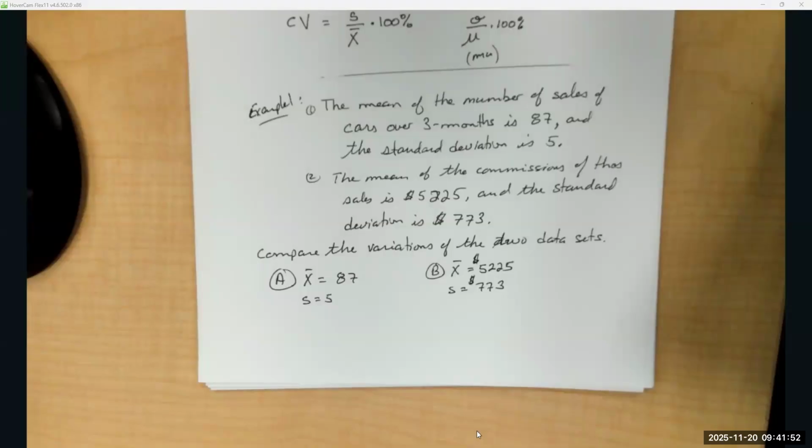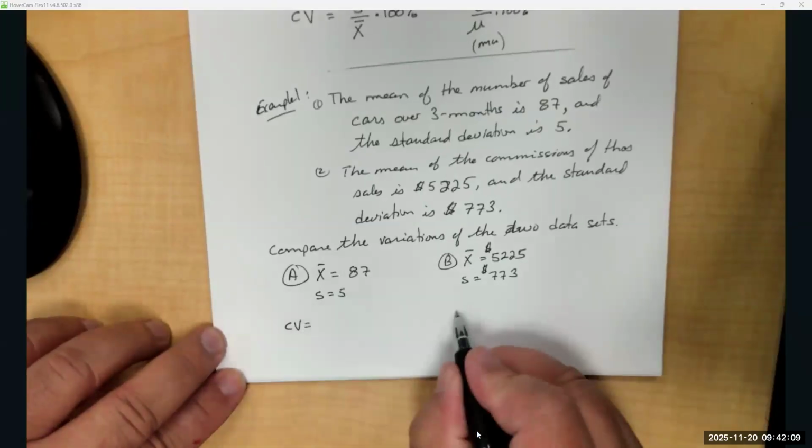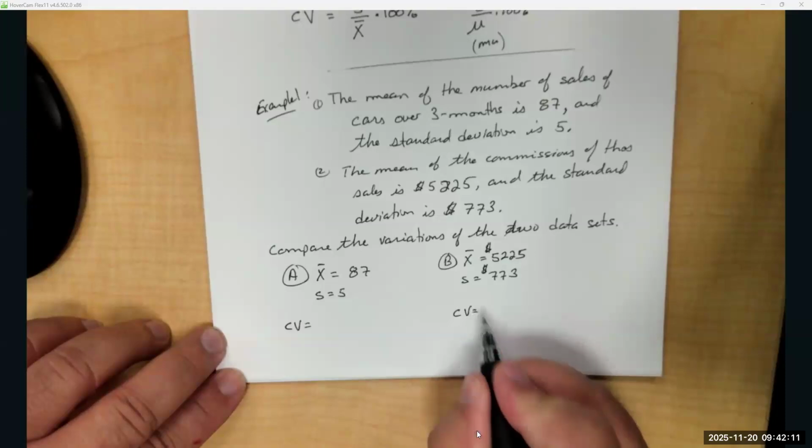The only way we can compare them is to compare their coefficients of variance. Not the only way. There are other ways we can do it that are much lengthier, much more time consuming. So what we have to do is find the CV of both of these and compare the values.